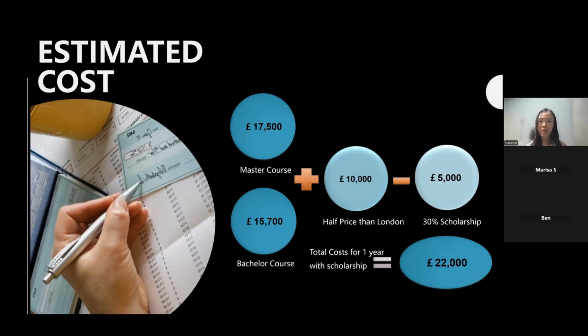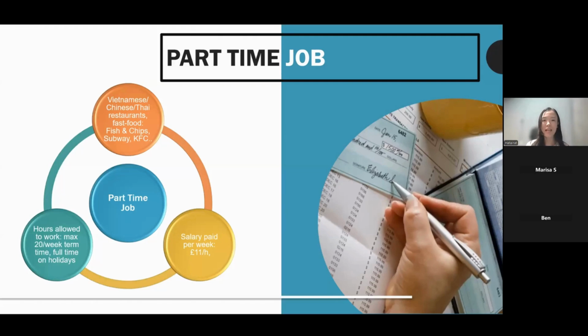If you go there, you can also work part-time up to 20 hours per week, and the minimum wage is around £11 per hour. So in general, if you work 20 hours per week, it will cover all the living cost, like eating, going out, and accommodation.